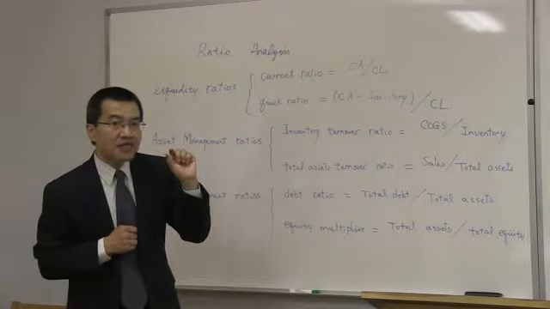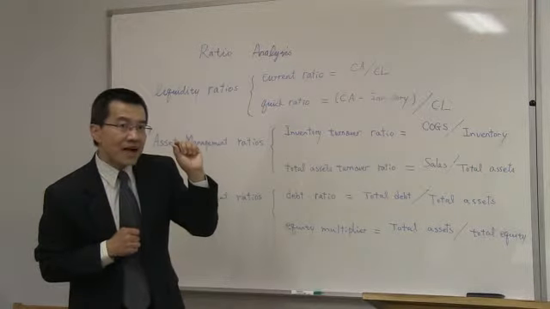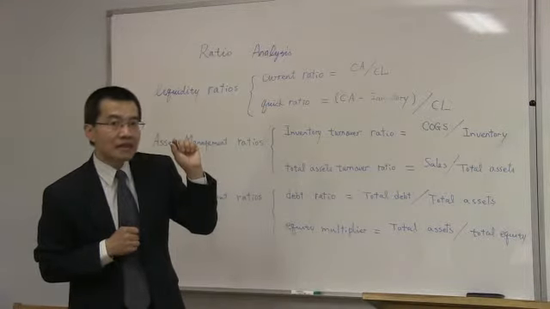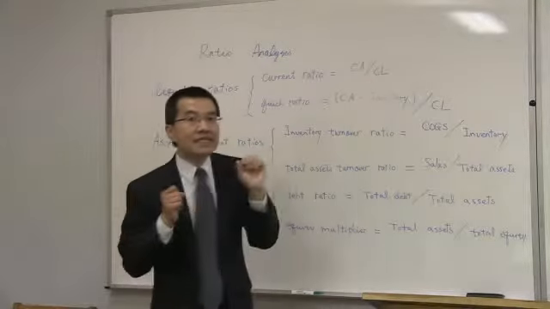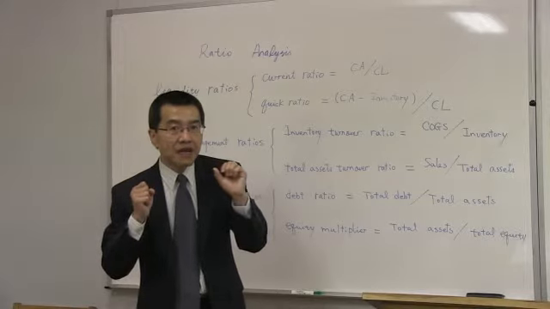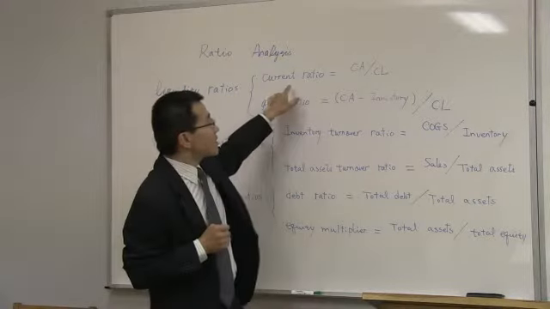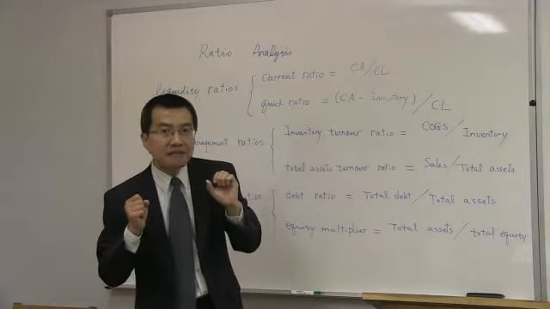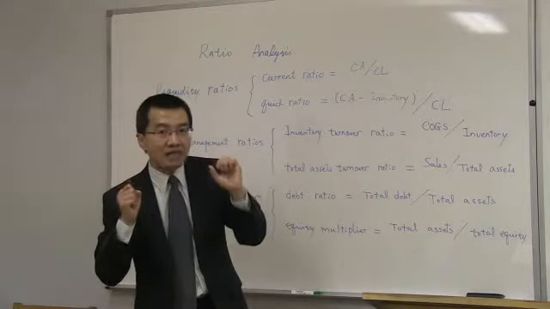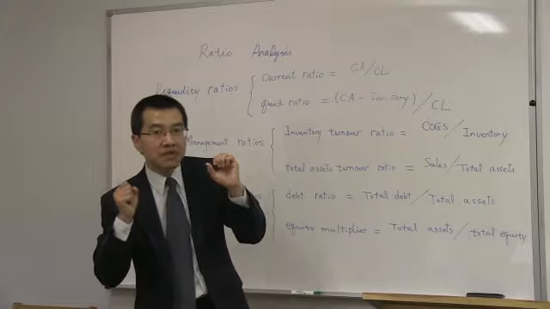The current ratio is calculated from the current assets divided by the current liabilities. Remember, the current liability is the amount the company has to pay in the short run. So the current ratio tells you whether the company has enough liquid assets to cover its short-term liabilities.